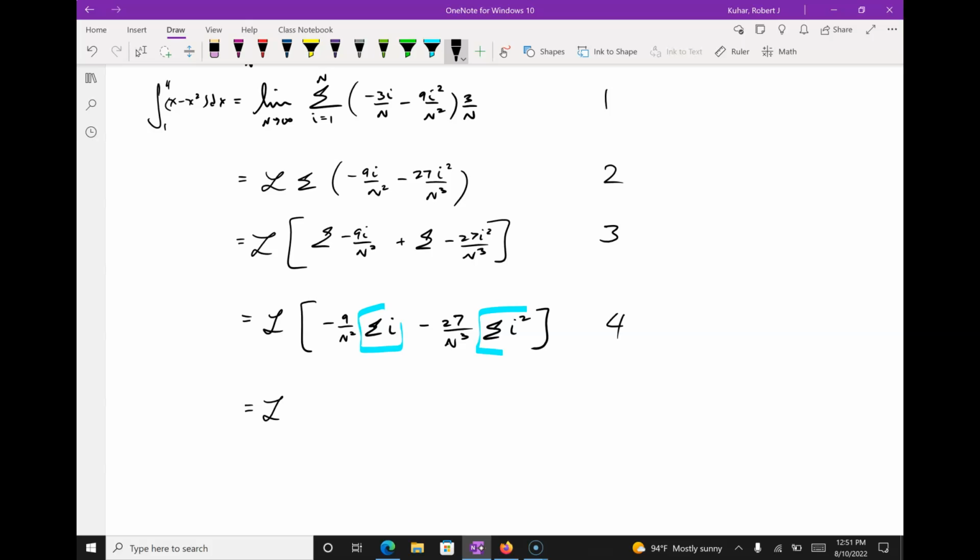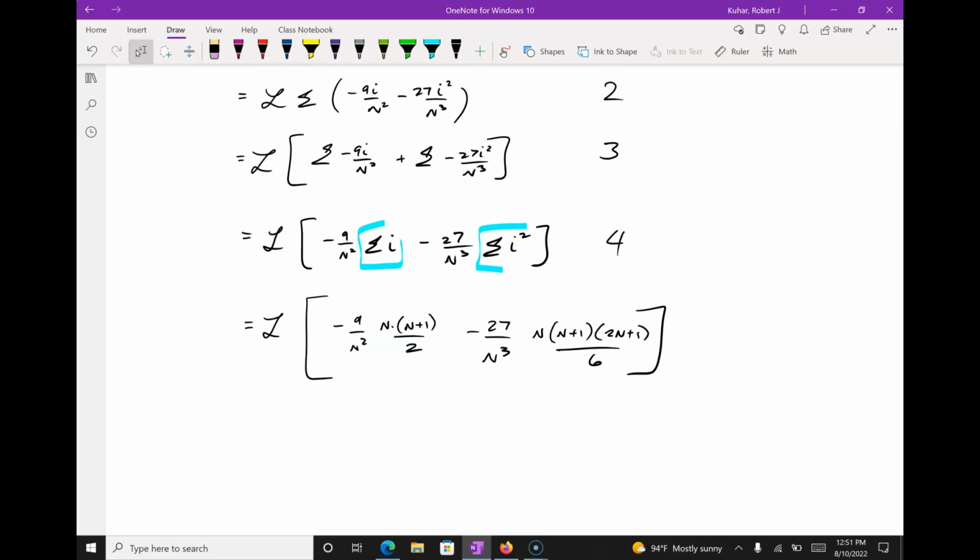Good. So we know the sum of i, right? So this is negative 9 over n squared times n plus 1 all over 2. And we know the sum of i squared, that is n times n plus 1 times 2n plus 1 all over 6.